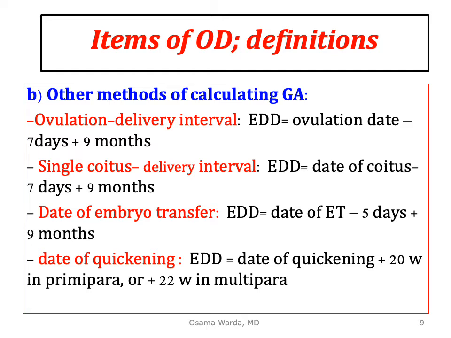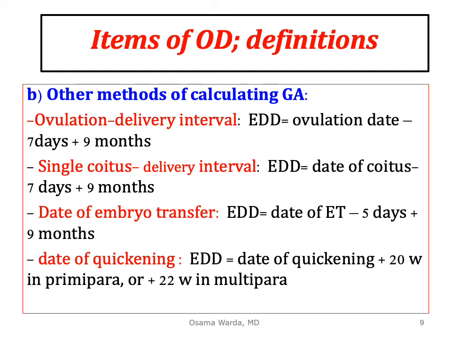If the patient had a single known coitus, the expected date of delivery is calculated by subtracting 7 days from the date of that coitus and adding 9 months. In cases of IVF, the expected date of delivery is calculated by knowing the date of embryo transfer, subtracting 5 days from that date and adding 9 months.